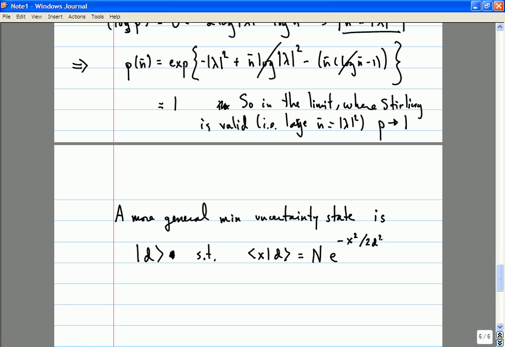So we could imagine, for example, that if you're studying a harmonic oscillator with a given frequency, you could also define some different state, which is a Gaussian, but with a width d that differs from that of our simple harmonic oscillator ground state.